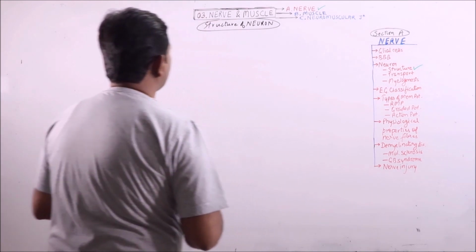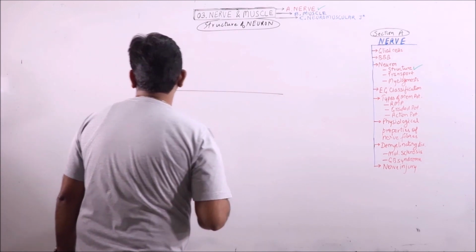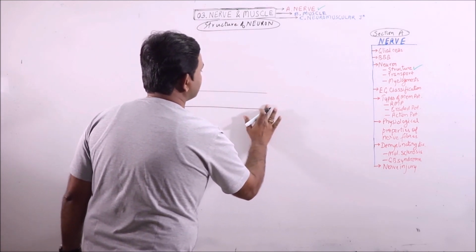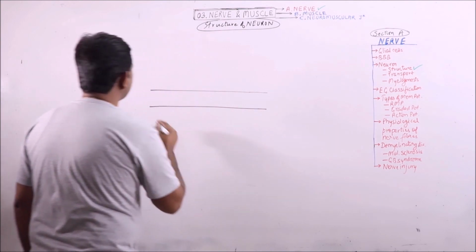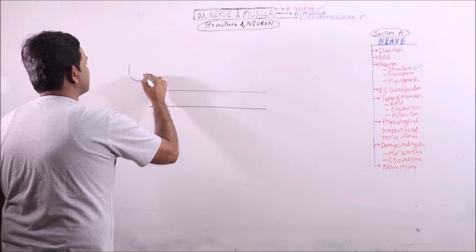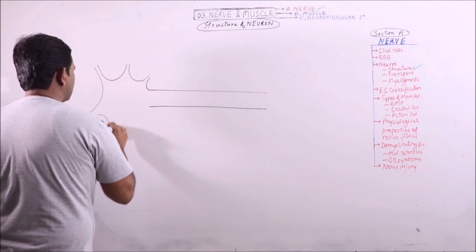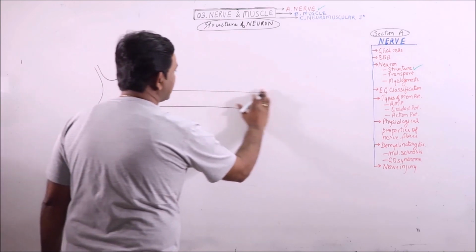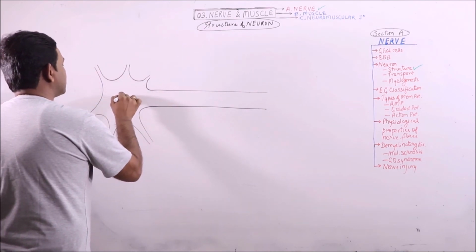Now, the structure of neuron. The typical human neuron is multipolar, that is, it is having many processes. This is the axon part and this one is the cyton, which is having the nucleus.